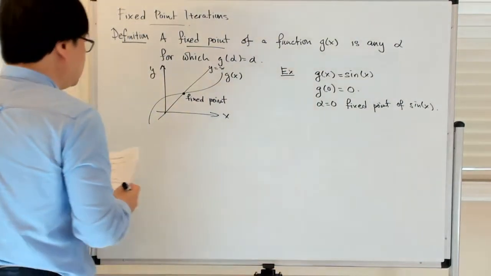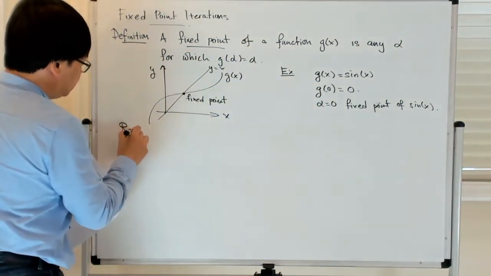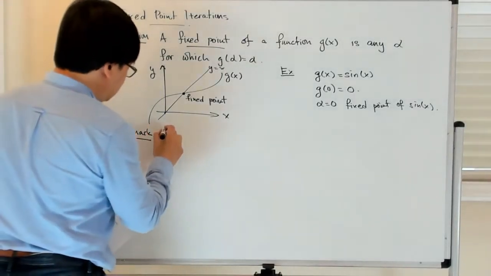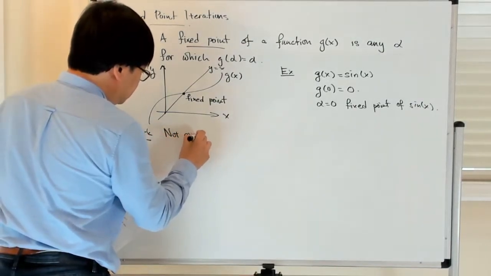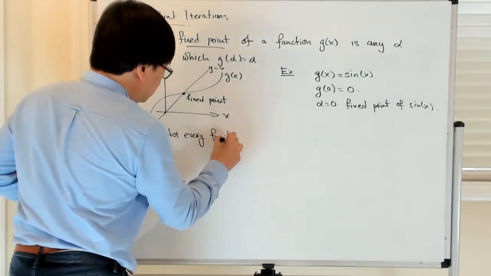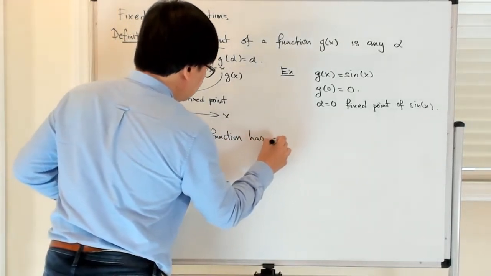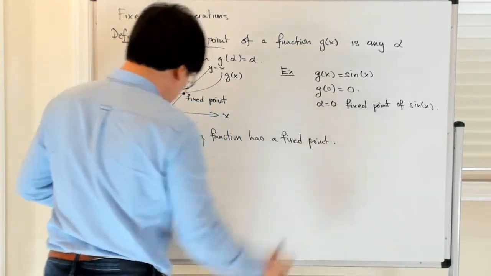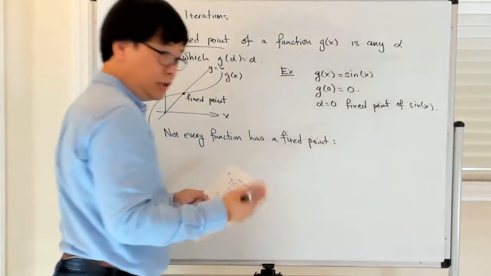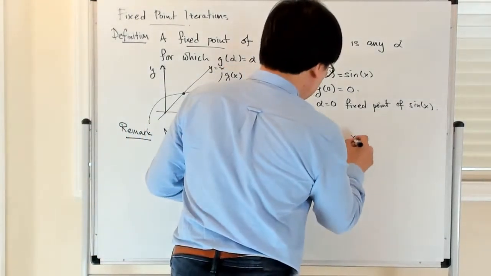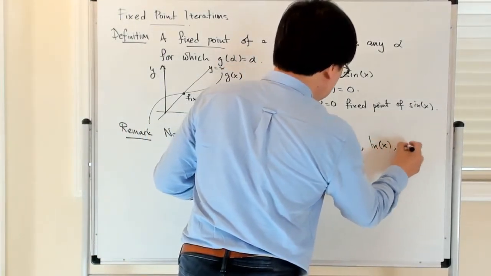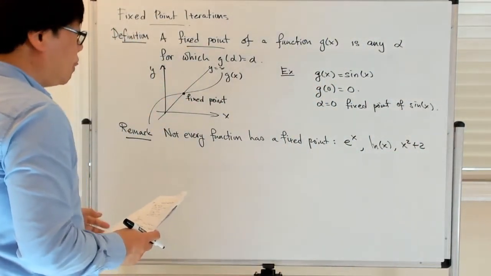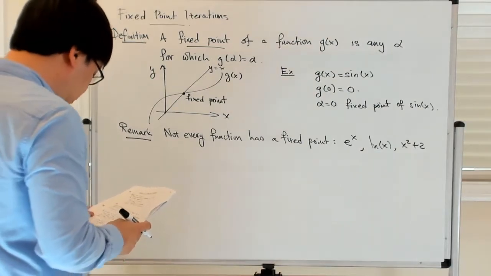Okay, so I should remark that not every function has a fixed point. So examples of functions which don't have fixed points are e to the x, the natural log of x, say, x squared plus 2, and so on. So there are a bunch of functions for which you do not have fixed points.